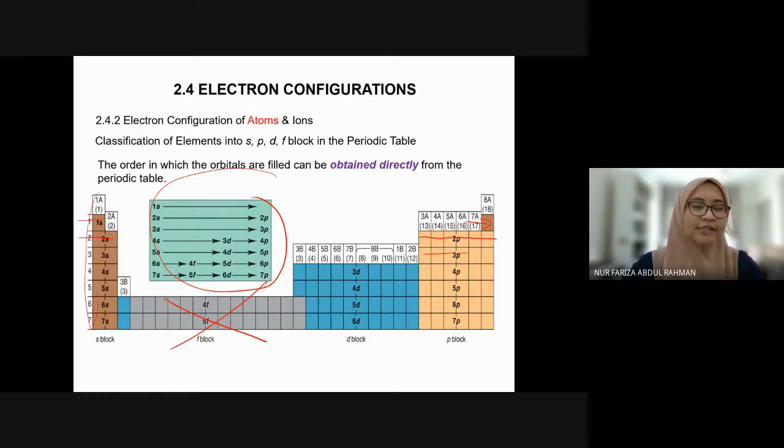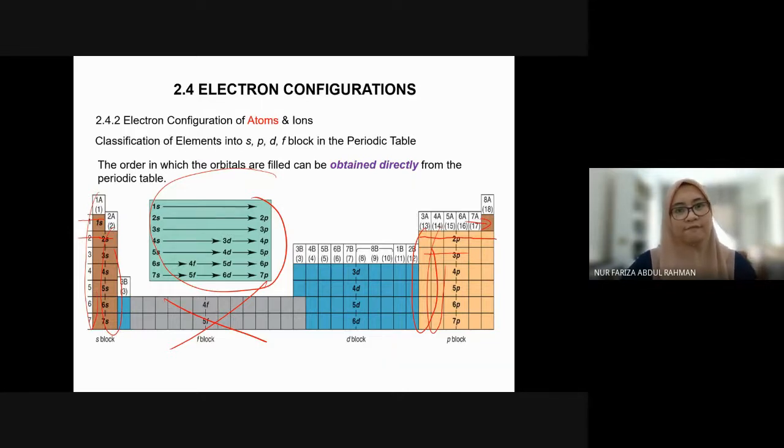Group 1 sebab dia ada satu valence electron. Tak percaya, you go check for all the group 1 family elements. You akan end up dia punya valence electron equal to 1. Same goes to 2, 3, 13, 14, 15, 16, 17 and 18. So that is how they group the elements in the periodic table.